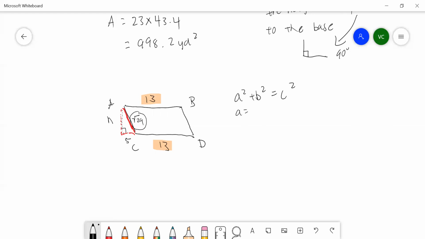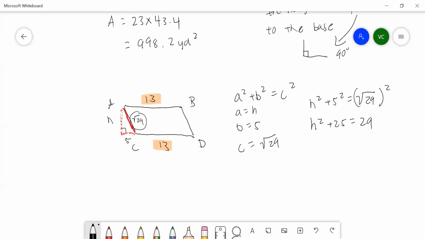So a could be h, b could be 5, and c could be square root of 29. So I'm just going to plug it in. If you did h squared plus 5 squared equals square root of 29 squared, you would get h squared plus 25 equals 29.